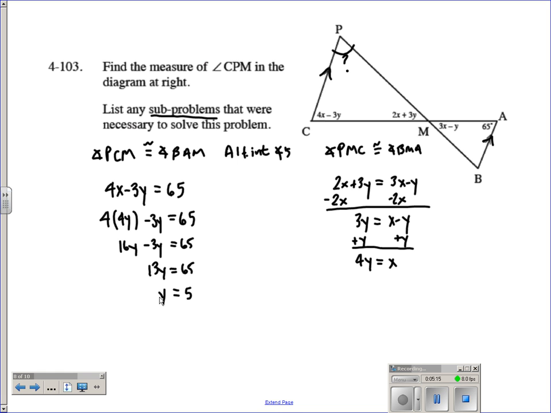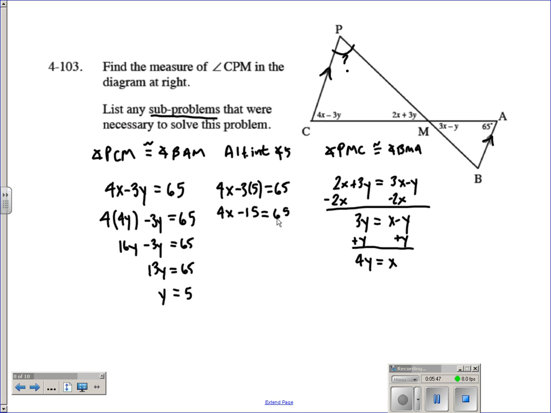All right, we're doing some damage here. Now let's figure out what x is. If we know that y is 5, we can plug it in and figure out x. So 4x minus 3 times 5 equals 65. Let's simplify that side.